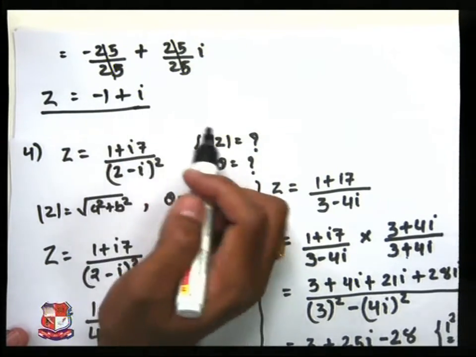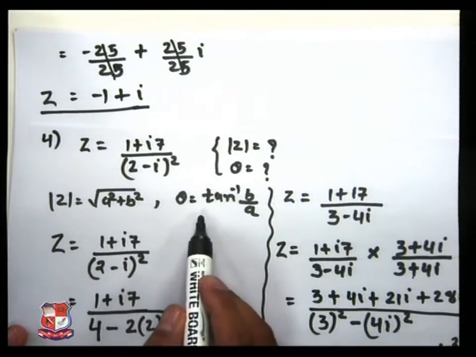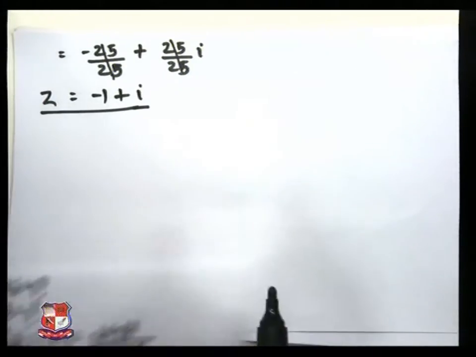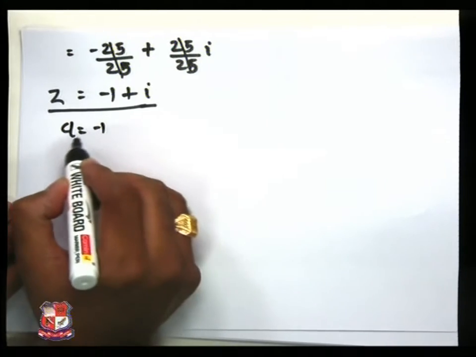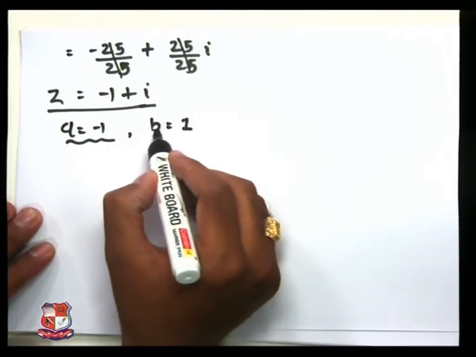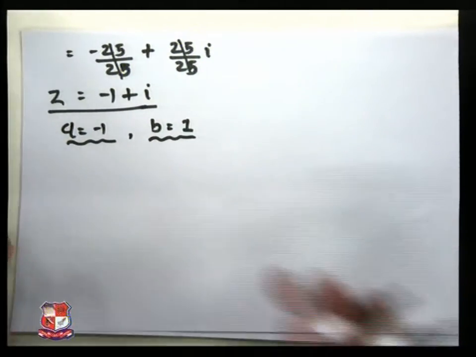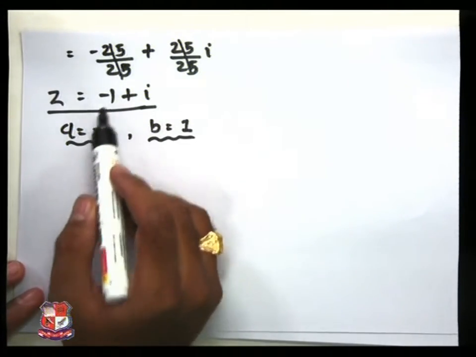So using the a and b values we can get both results, mod z and theta. We replace the a and b values and find mod z and theta. Here a is equal to minus 1 and b is equal to 1. Here we apply the same rule when we find the angle, because the quadrant is again the second quadrant.